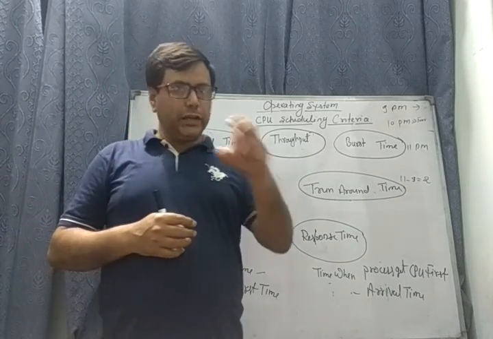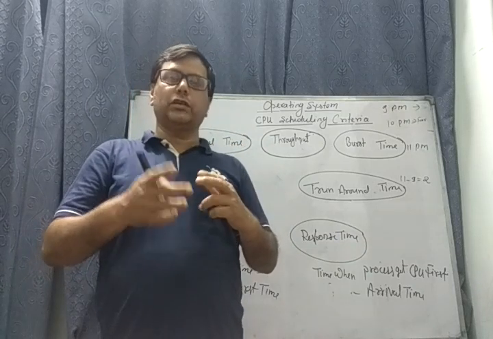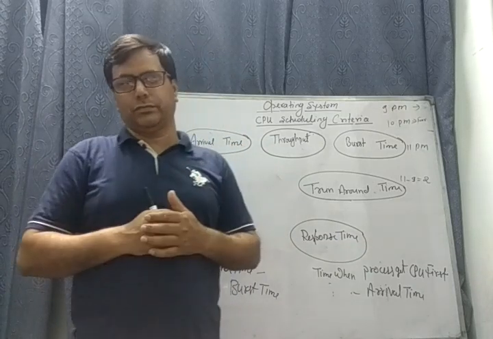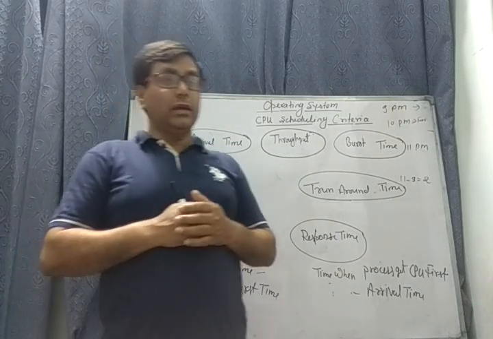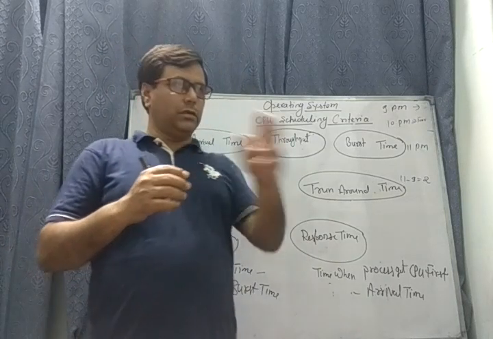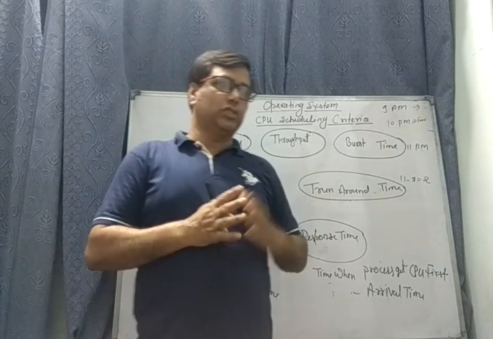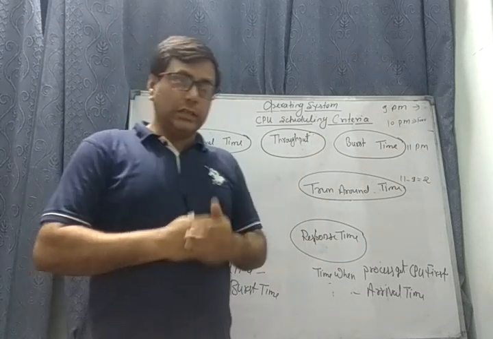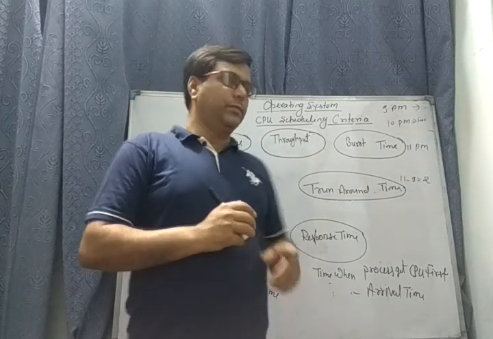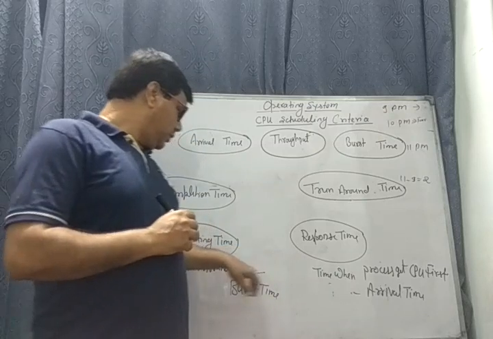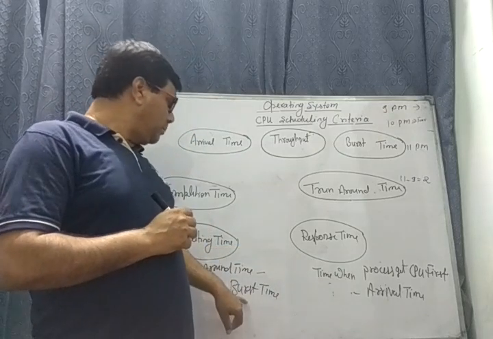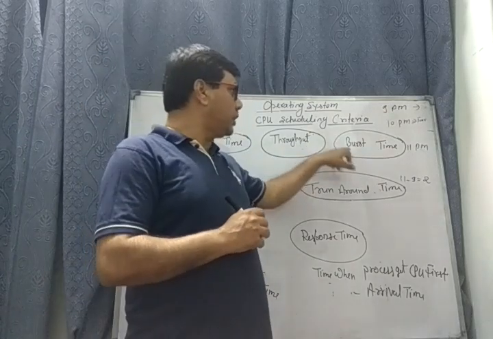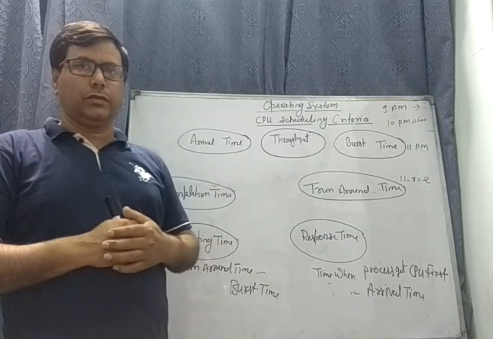But meanwhile in executing, that process can also require some input output or wait for other process data. Then waiting time here refers to the turnaround time minus the burst time, the actual execution time.